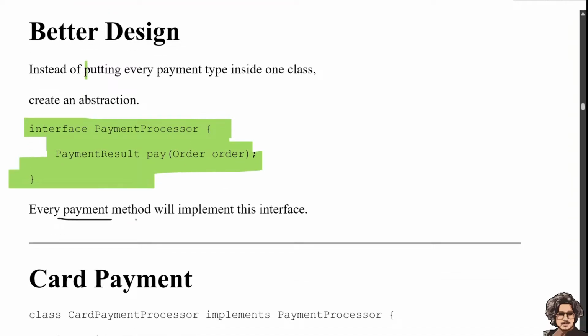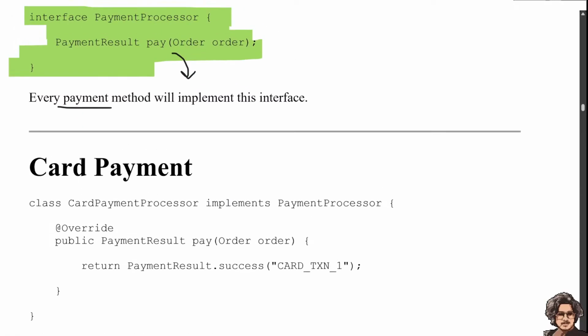Every payment method will implement this interface. Let's see an example. The PaymentResult will be either success or failure.